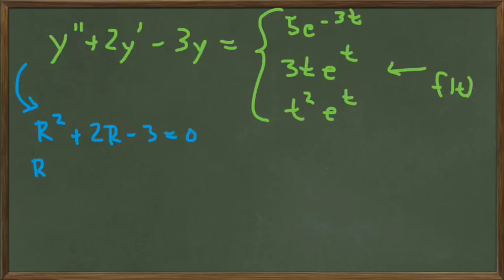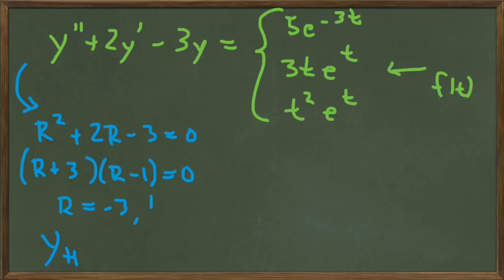That factors as r plus 3, r minus 1 equals 0. So the roots are minus 3 and 1. And so the homogeneous solution, the solution to the differential equation with 0 right-hand side, is c1 e to the minus 3t plus c2 e to the t.